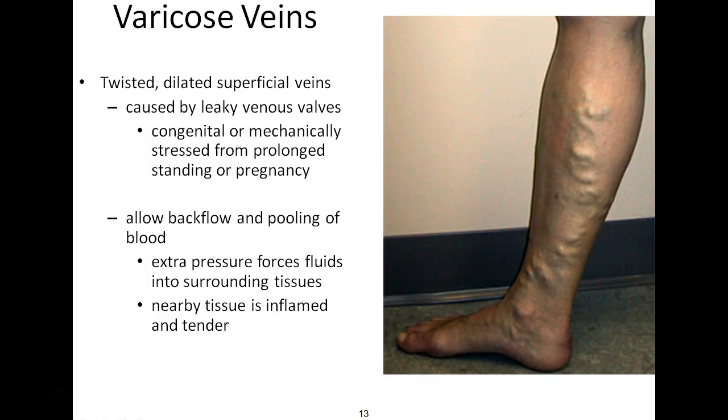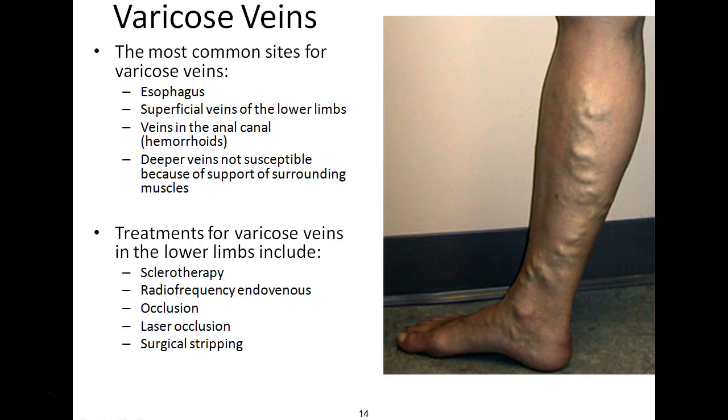The vein swells and it bulges. Extra pressure is going to force fluid into the surrounding tissues, and that's why we see the nearby tissue being inflamed and tender. Typical sites for varicose veins: esophagus, lower limbs where it's hard to pump blood back to the heart. Also in the anal region.